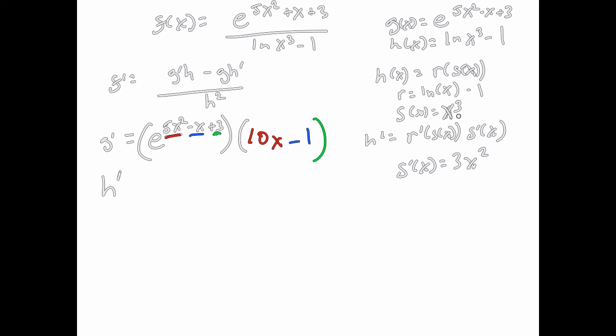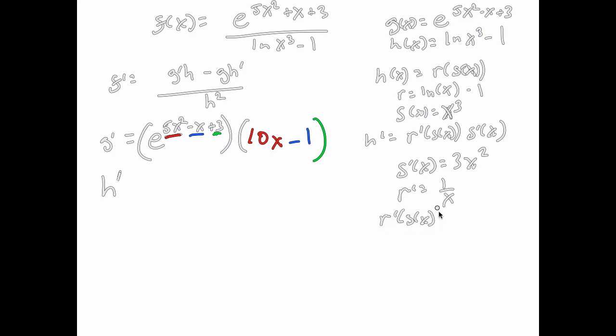What's r prime? Well, r is the natural log of x minus 1. The derivative is linear, so you can treat each term separately. The derivative of negative 1 is 0. The derivative of natural log of x is 1 over x. So we have r prime is just 1 over x. So r prime of s of x is 1 over s of x.